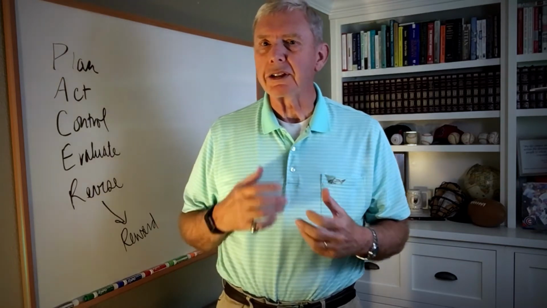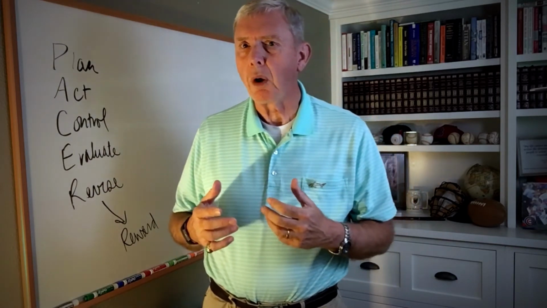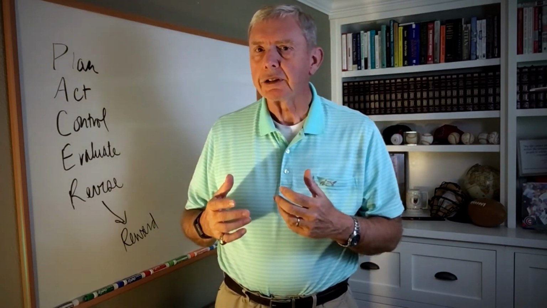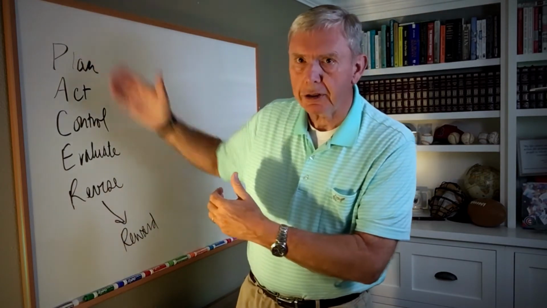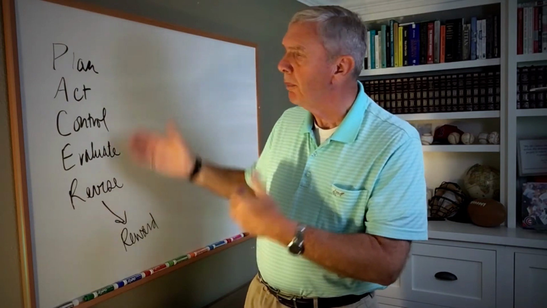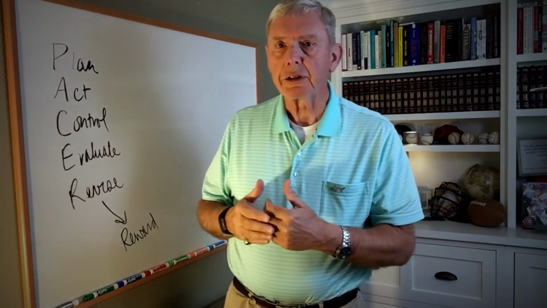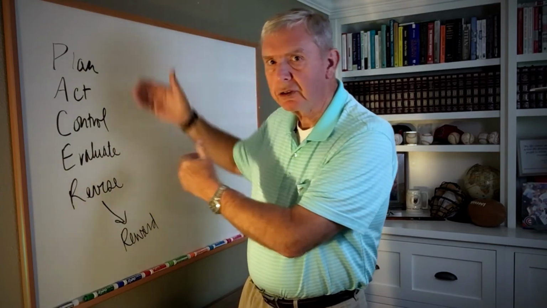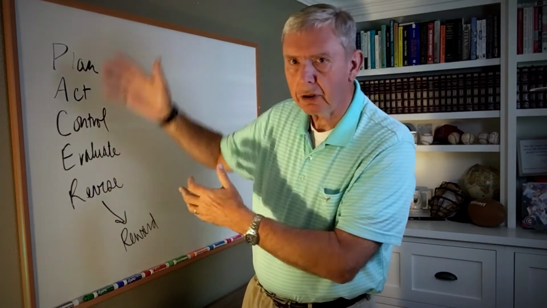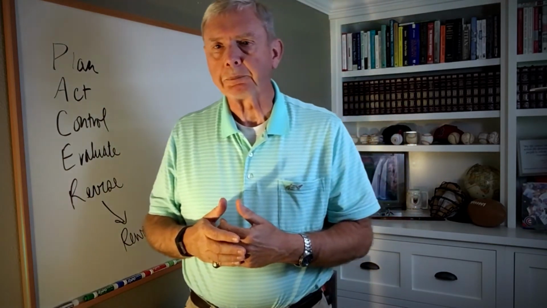We see that we're getting some outcomes that are different than what we had anticipated. And so now we revise, and that takes us into a cyclical nature to go back to planning. And so the evaluation becomes very important as it leads to revision, and it reinstitutes the whole planning process.